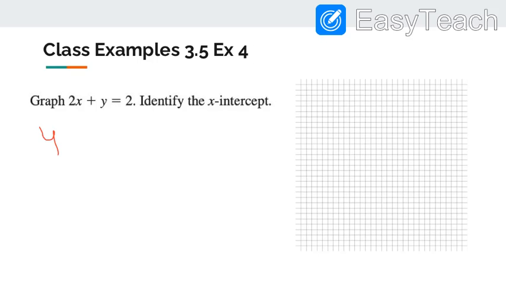This one rearranges to y is equal to -2x plus 2. So our slope is -2, and our y-intercept is 2.